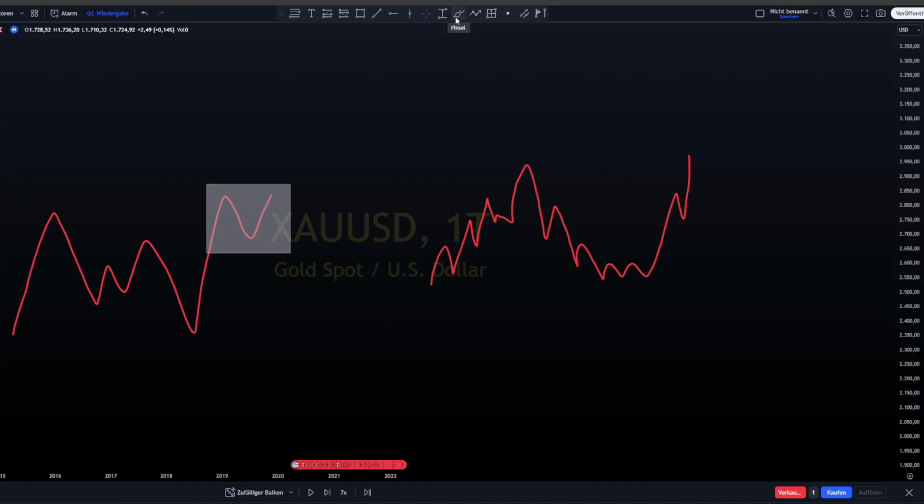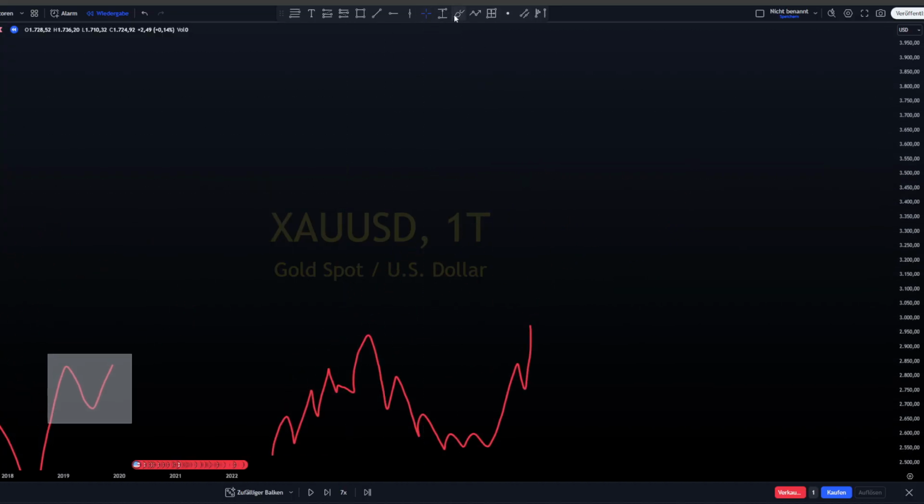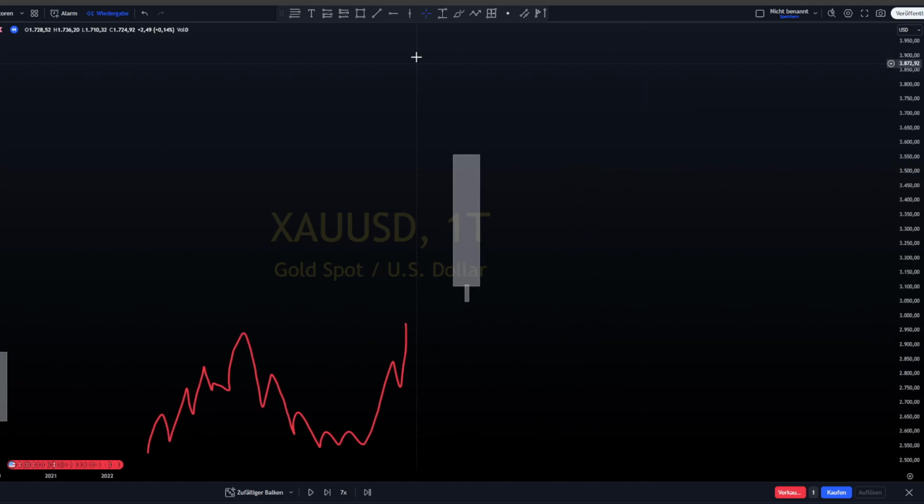Means if the candles are clean, clean candles with big bodies and very small wicks, that means that the lower time frame is going crazy.